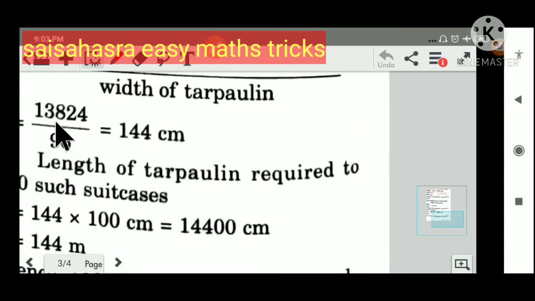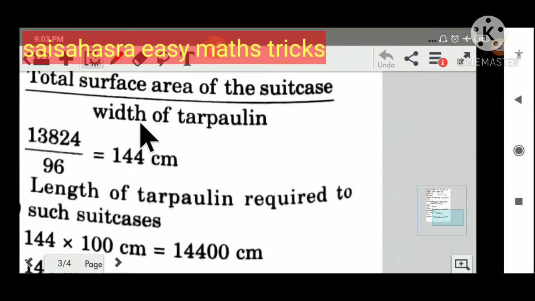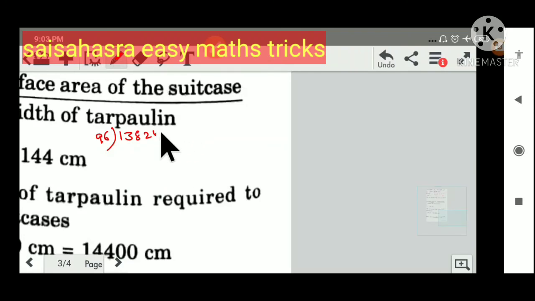Division process. 13,824 divided by 96, you are going to get 144. 96 times 1 is 96 only.